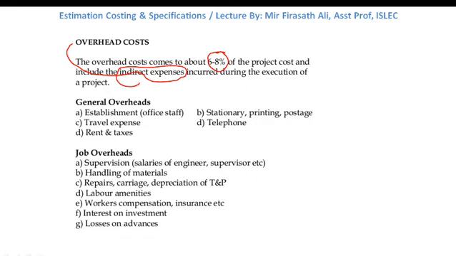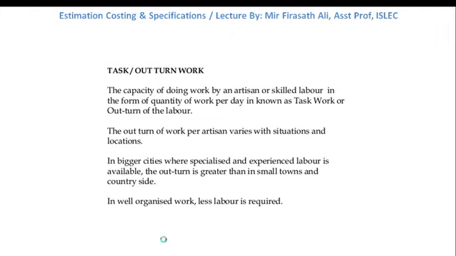What do we mean by T&P? Transportation and procurement: T for transportation, P for procurement. Labor annuities, workers' compensation, insurance, etc., interest on investment, losses on advances. This comes under overhead cost.